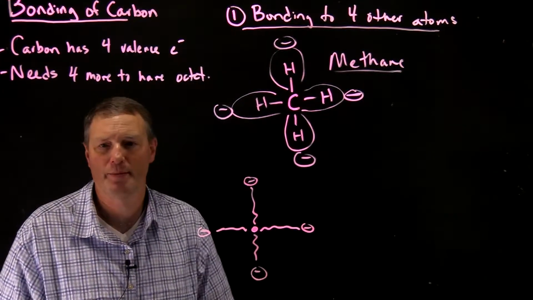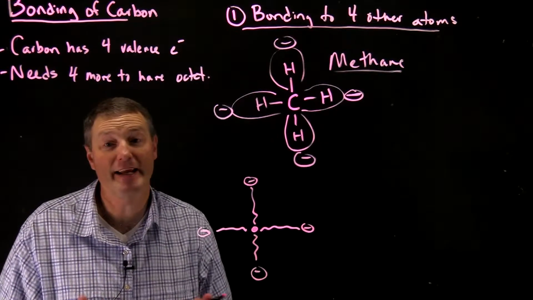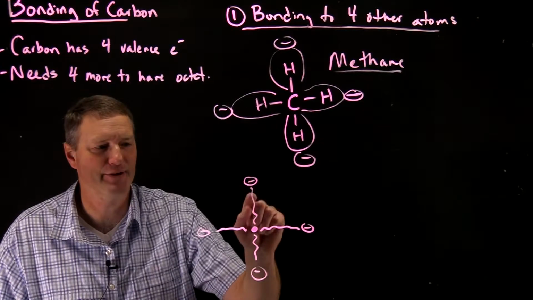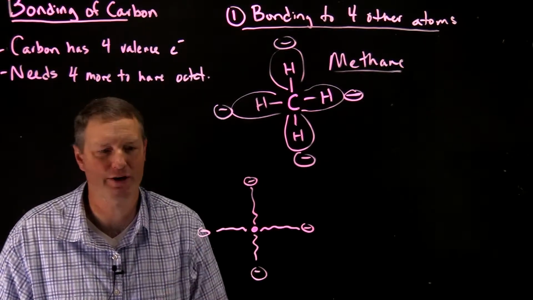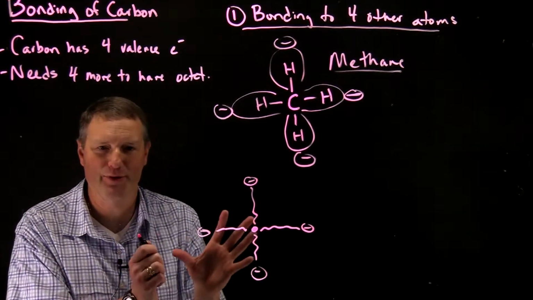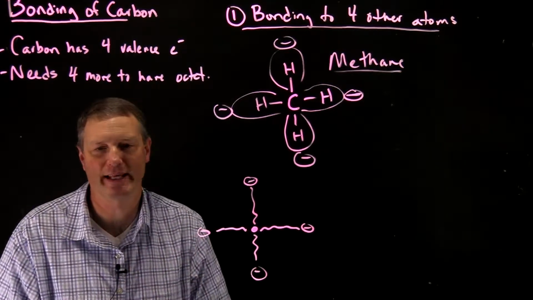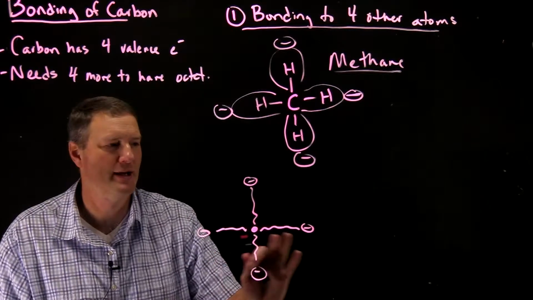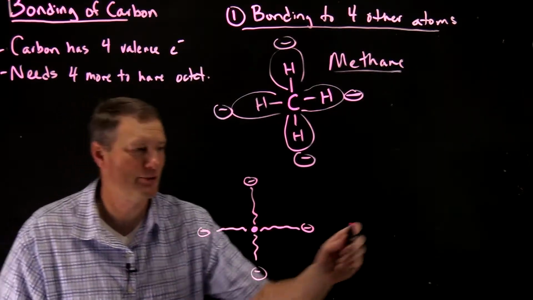Now, I'm sure you all remember from introductory physics that like charges repel. So if I have a central point tethered to four different negative charges, and I allow those to spread out as far apart as they can get, what this will do is adopt not a planar geometry, but a geometry that's called a tetrahedral geometry.